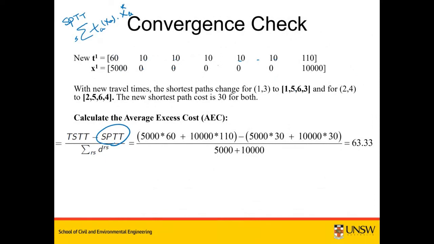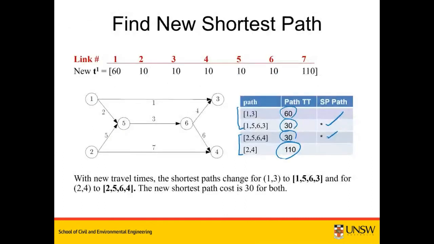So that means, for example, if I go back to the table that we calculated, this is now the shortest path, right? I have this path as the shortest path, and each of them has a travel time of 30. That means this is now the shortest path.